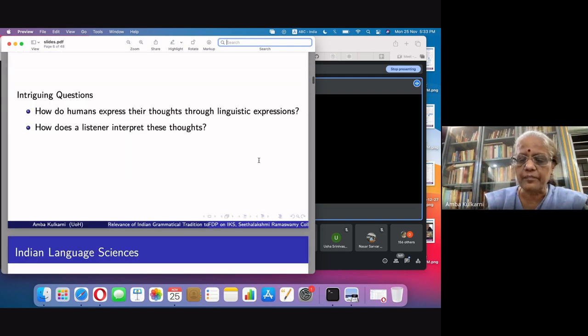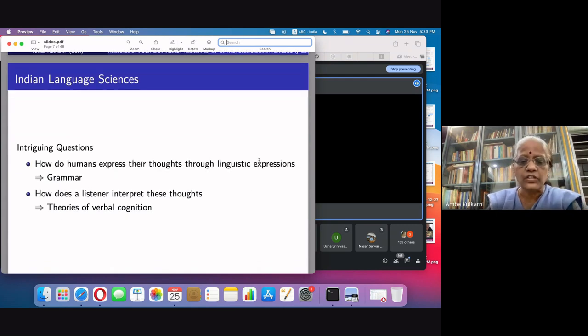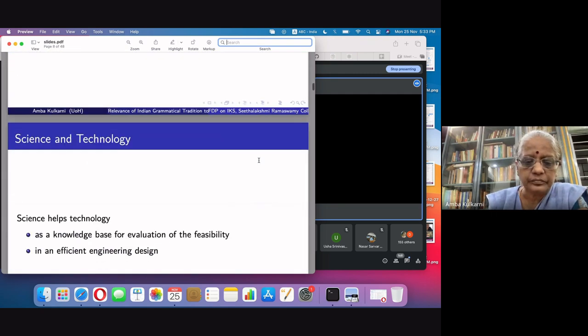These are the two ways of communication. The answer to the first question led to the development of grammar, and the answer to the second question led to the theories of verbal cognition, which were developed in India almost simultaneously.